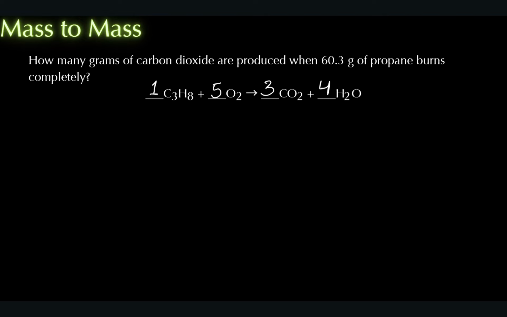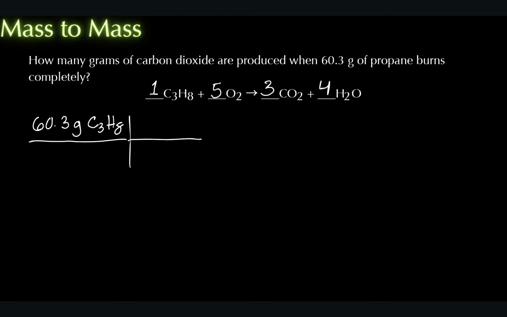Okay, we're going to go ahead. We are going to start with our 60.3 grams of our C3H8. So our C3H8 will be our propane. We are going to create our chart.